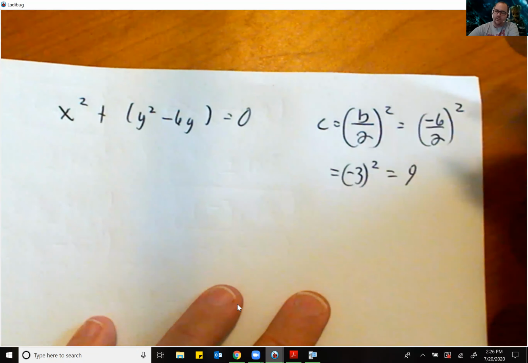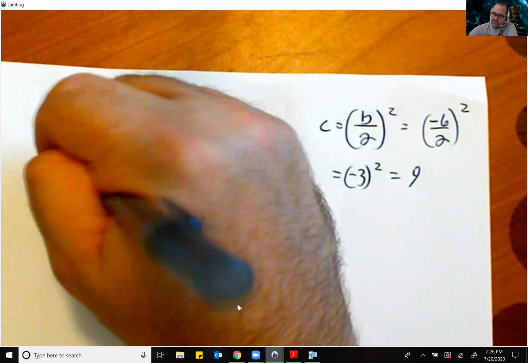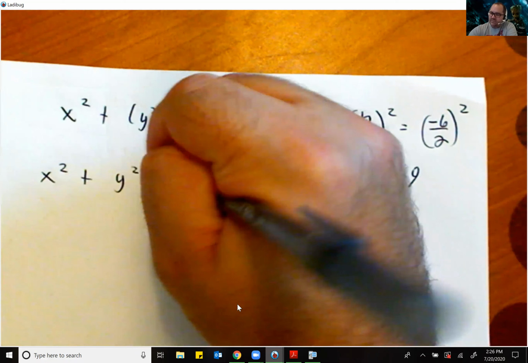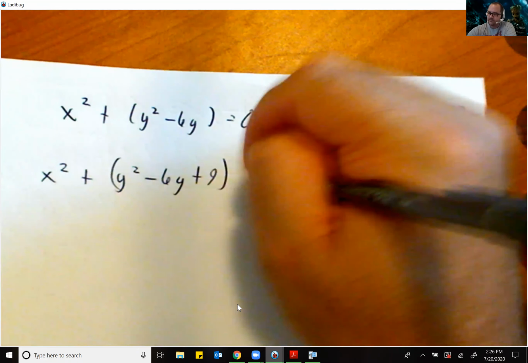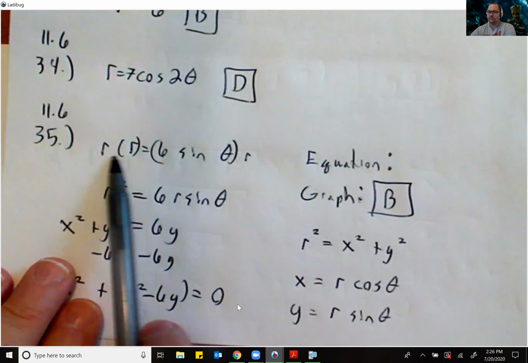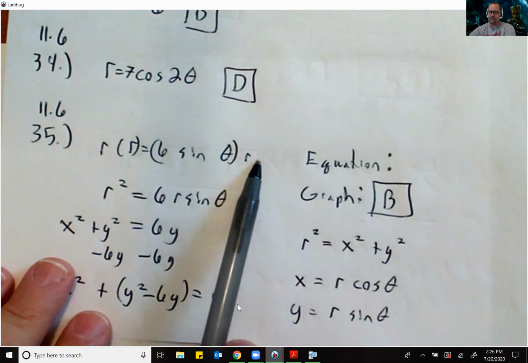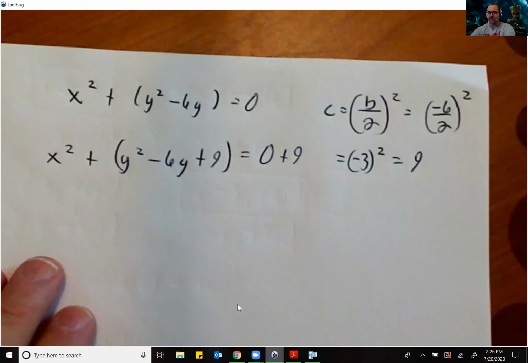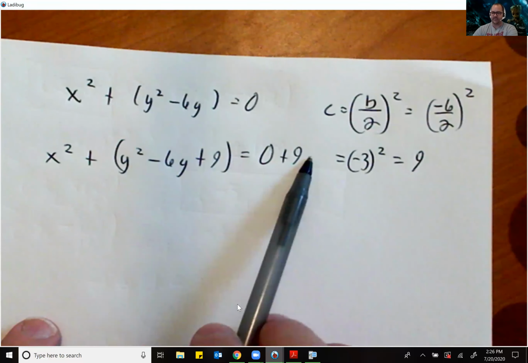So we're going to force in this 9 by adding it to both sides, just like what we did earlier when we multiplied both sides by r. Okay? Because this is just multiplying by 1.